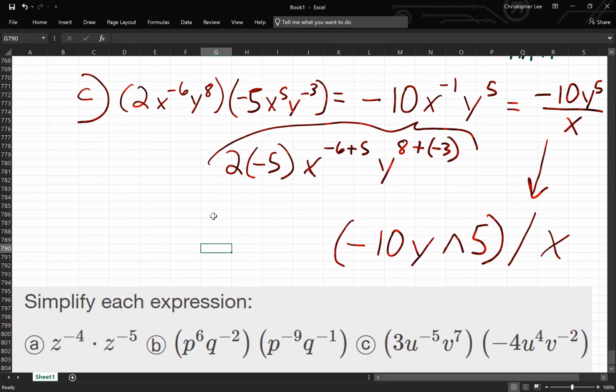You're flipping the fraction in the base. So instead of m over n, it's becoming n over m. And then you're taking the negative power and making it positive. Then you apply that power to the numerator and the denominator individually.